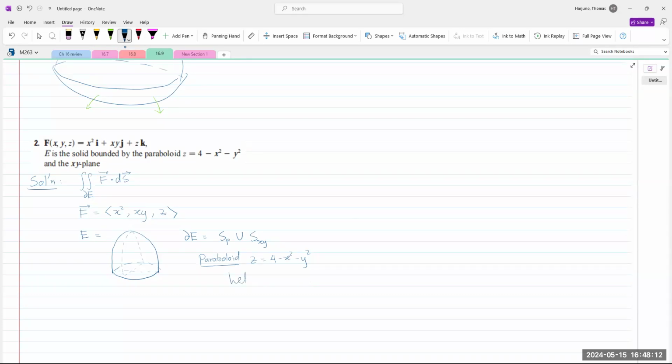Let g(x, y, z) be x squared plus y squared plus z equals 4. So the gradient of g, which is normal to the surface, will be (2x, 2y, 1). And the orientation is upward for that paraboloid.